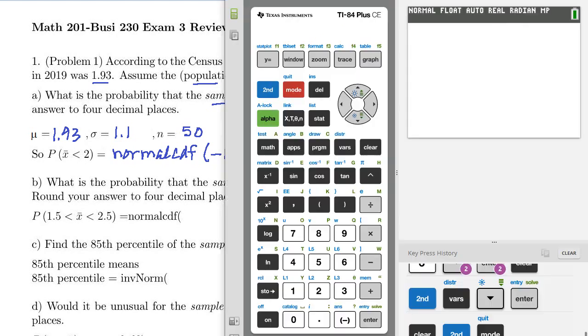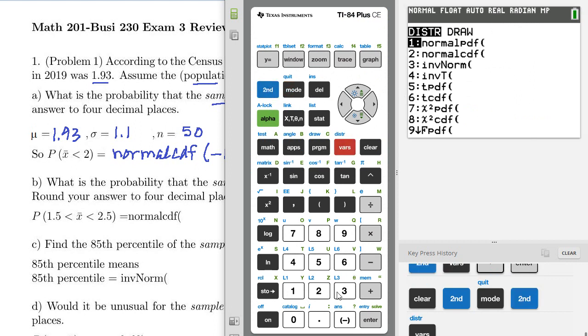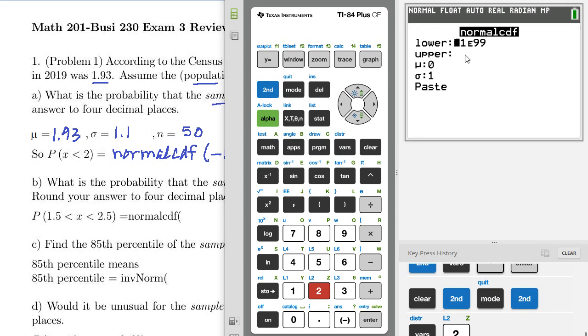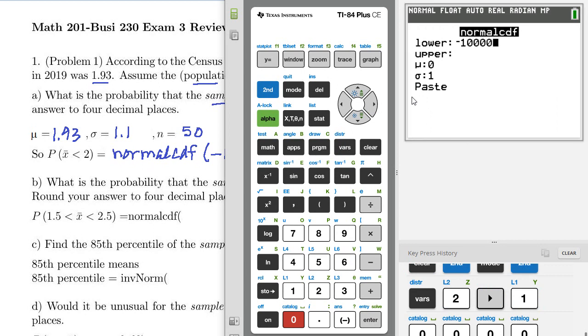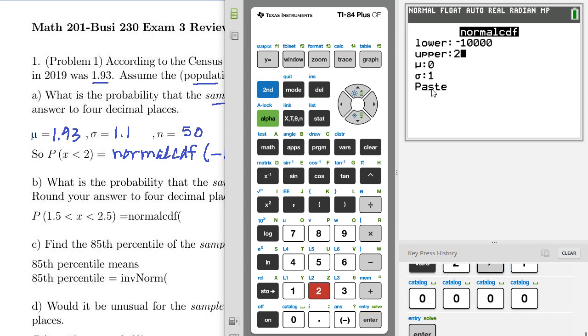So let's go to the calculator. Second variables. We want normal CDF, number 2. Our lower, I'm going to use the negative 10,000. You can use the negative 1 times 10 to the 99. You should get the same answer. Our upper here was 2. Our mean, 1.93.